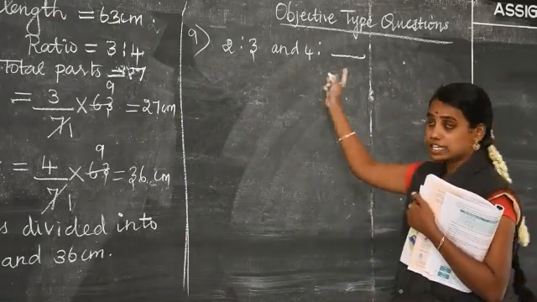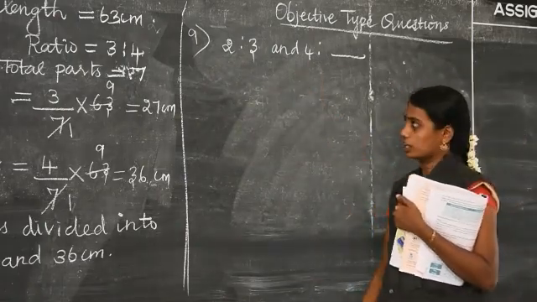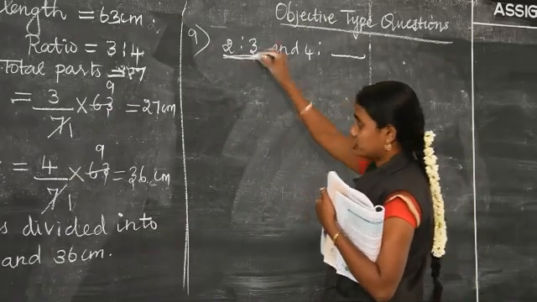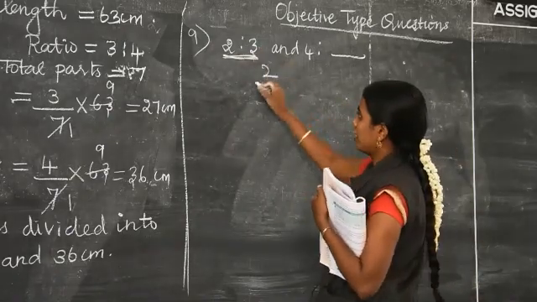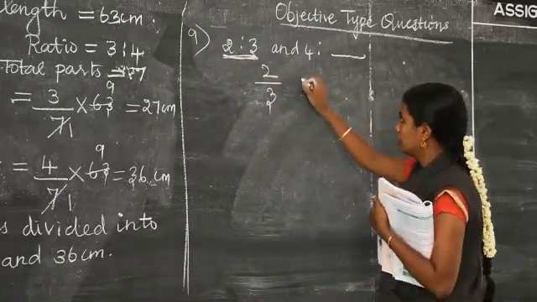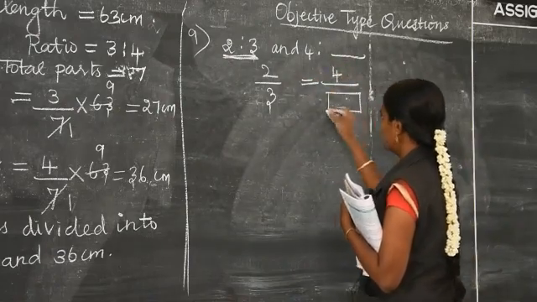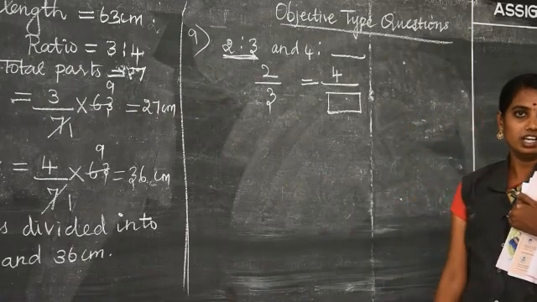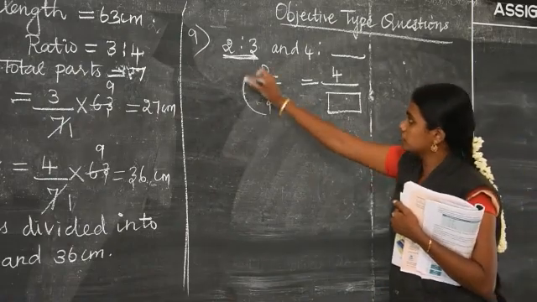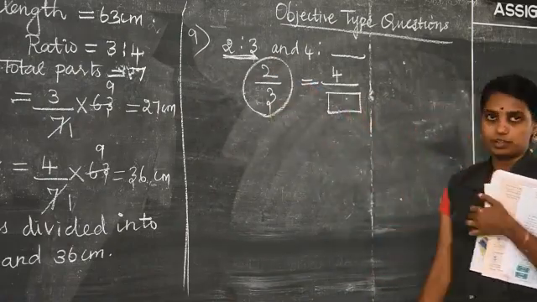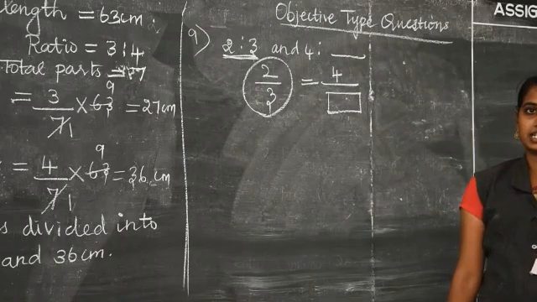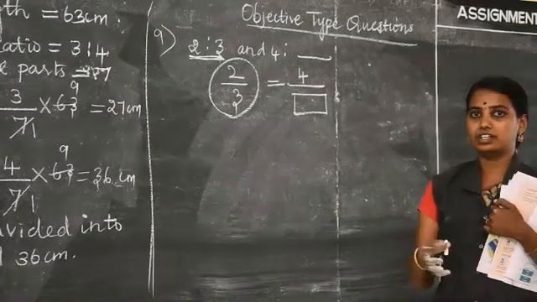These two equivalent ratios are given. So this ratio is the completed one. Write it in fractional form. Here 4 is given, the denominator we don't know, so from this you can find out the missing term. Yes or no?